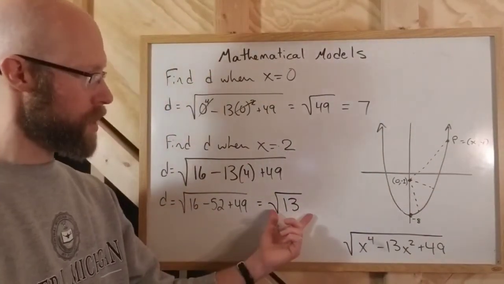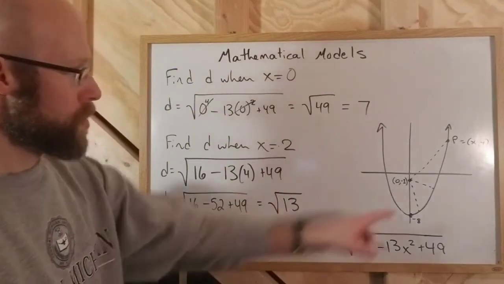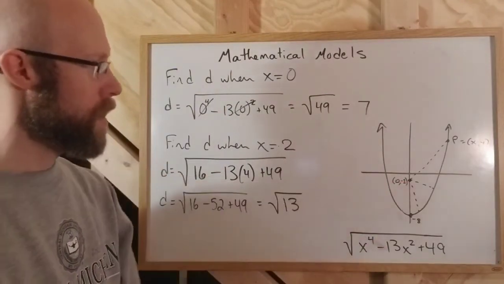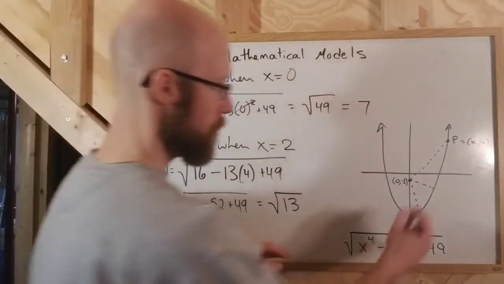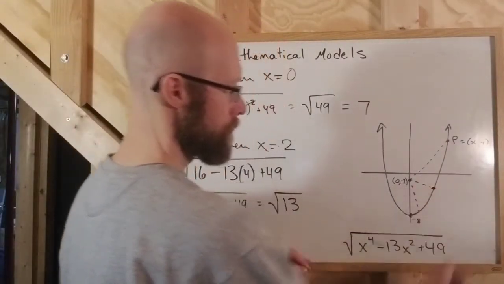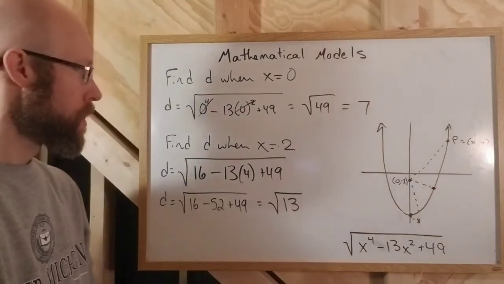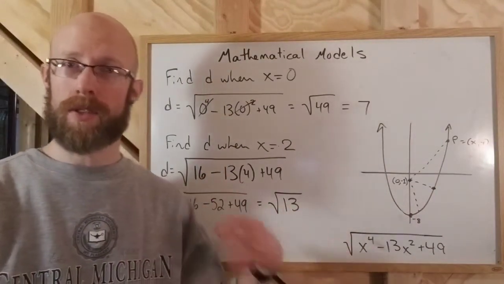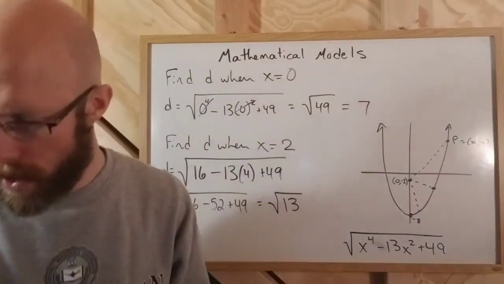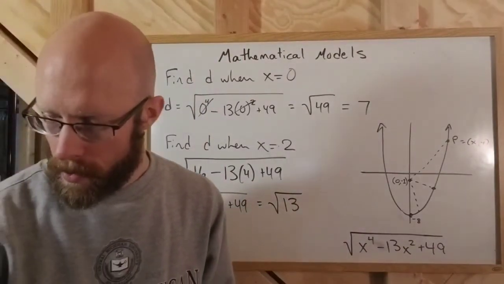So the square root of 13 would be the distance between the point 0, -1 and the point of the graph at 2 units. Okay, so probably somewhere over here. That would be reasonable. Okay, and so you can see how to find those distances just by plugging in the corresponding x value.